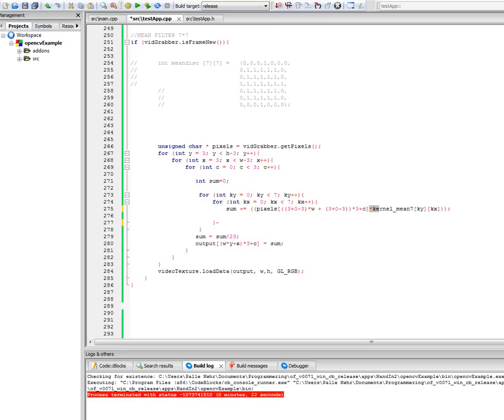So in our kernel mean ky kx, we are looking at 0.0, which is this one, and because it is 0, we don't really use it because it's timed by 0.